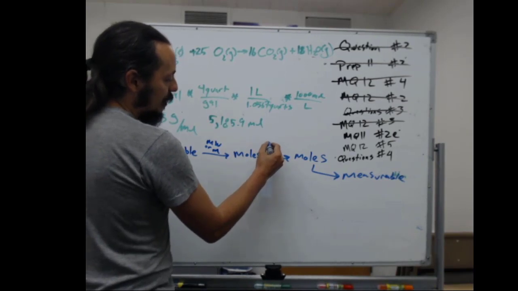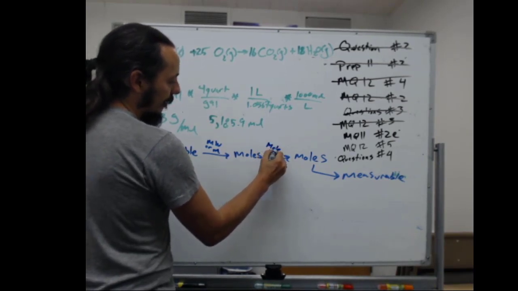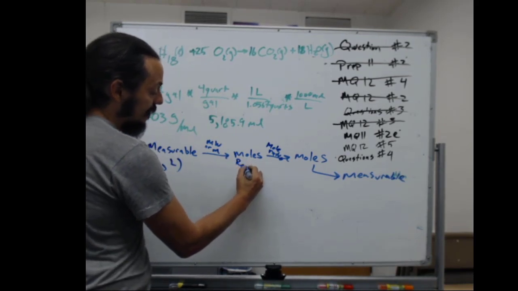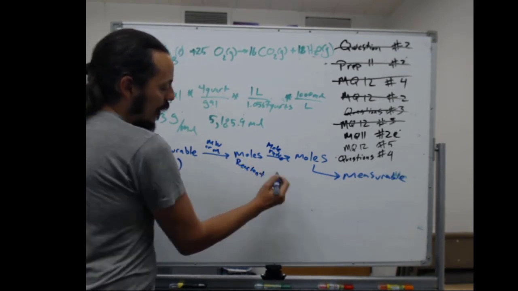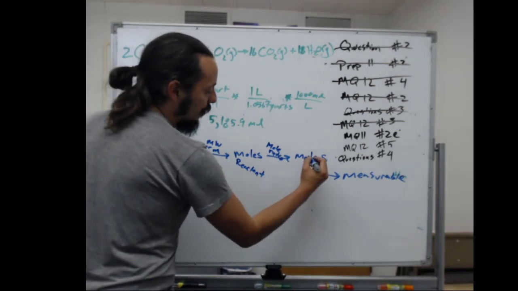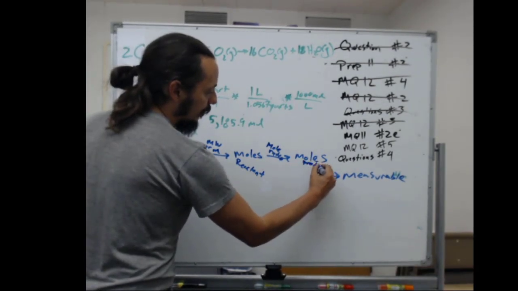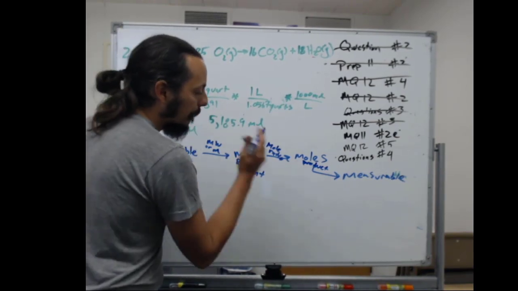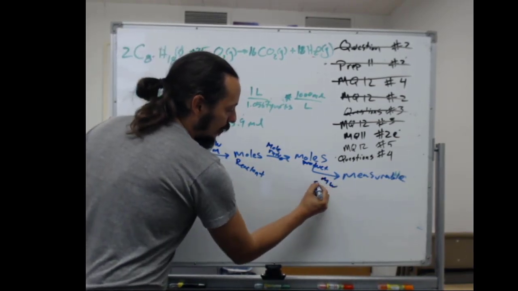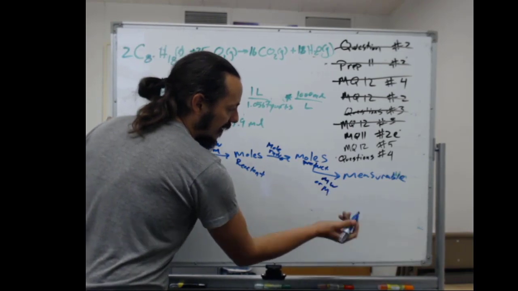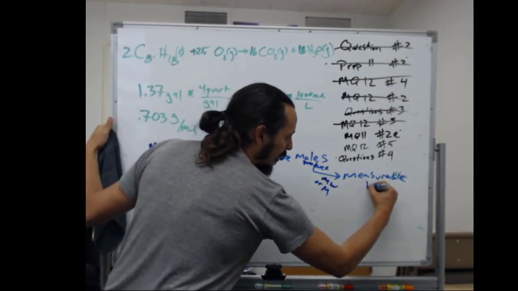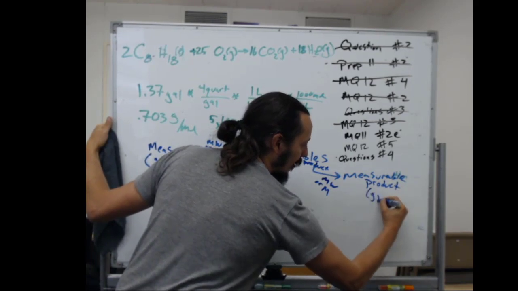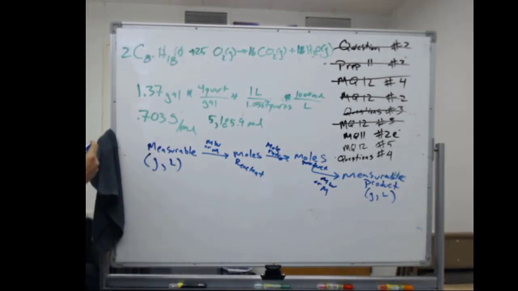We're going to use mole ratio. This is usually going to be moles of reactant. We're going to use mole ratio to get to moles of product. And then we're going to use molecular weight or molarity to get to a measurable product, either in grams or liters again.